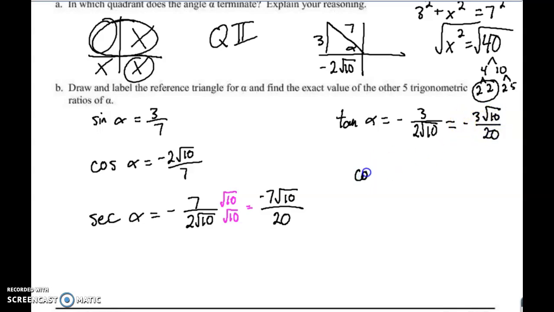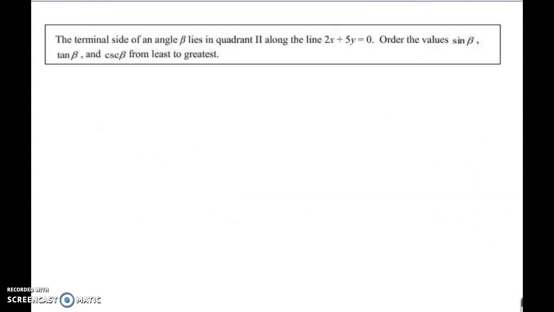And then cotangent of alpha, I would just reciprocal this one, negative 2 root 10 over 3. You could reciprocal this one, but then there'd be some simplification to do, which is partly why some people don't rationalize denominators. And I get it. It's just not typical.